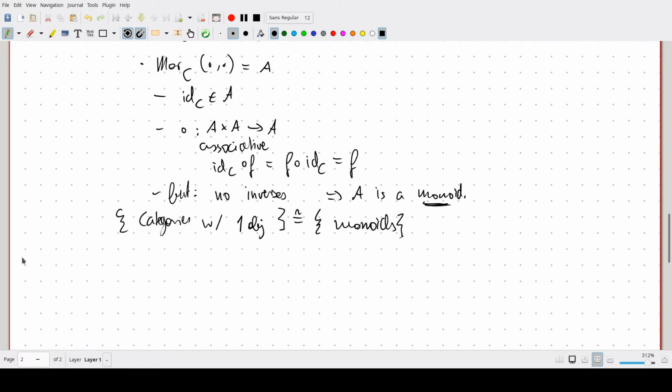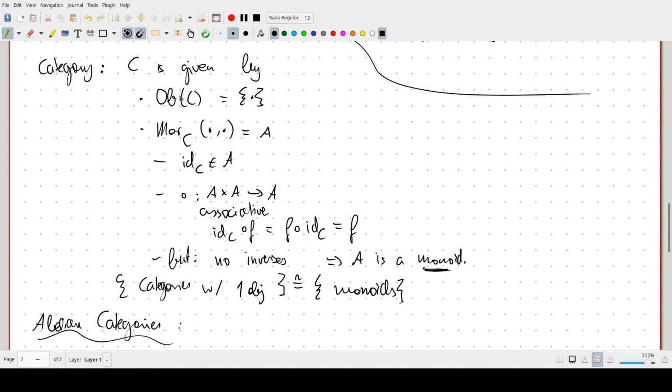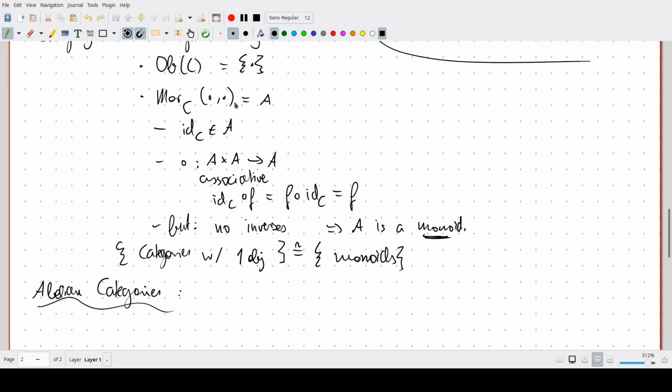Okay, next thing. We have abelian categories. We again have the same thing. We have just one object, and therefore the whole category is just defined by what we take the Hom set of that object to be. So we have morphisms from dot to dot, which we again call A. And now what do we have on A?